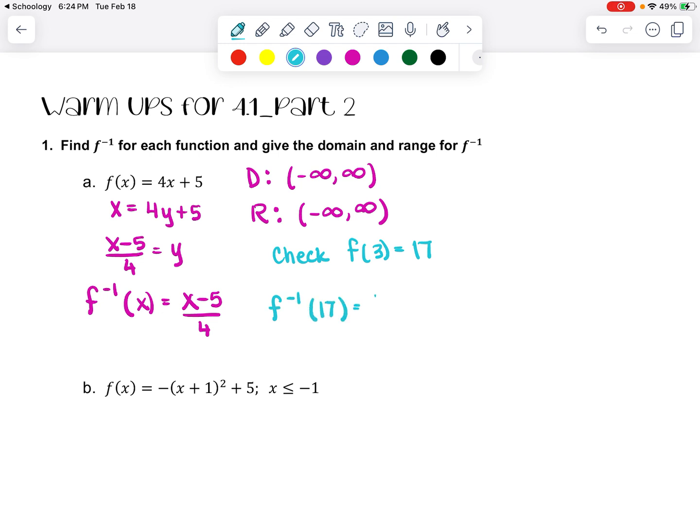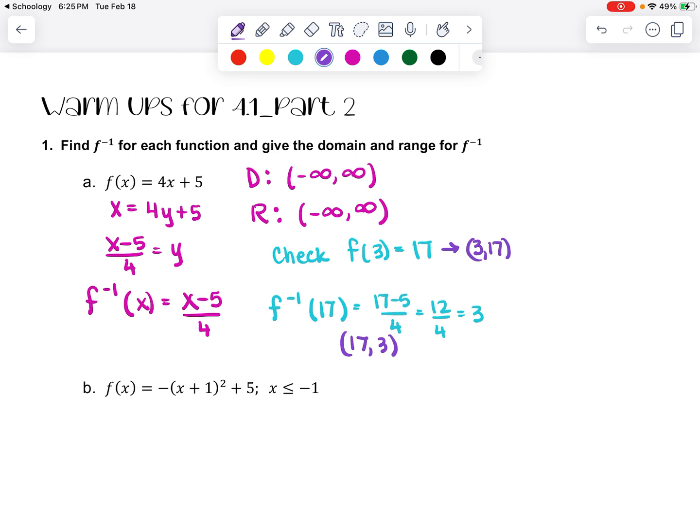I'm going to get (17 minus 5) over 4, which is 12 divided by 4, which is in fact 3. So the ordered pair from the original was (3, 17). The ordered pair from the inverse was (17, 3). So you know that you have the inverse.